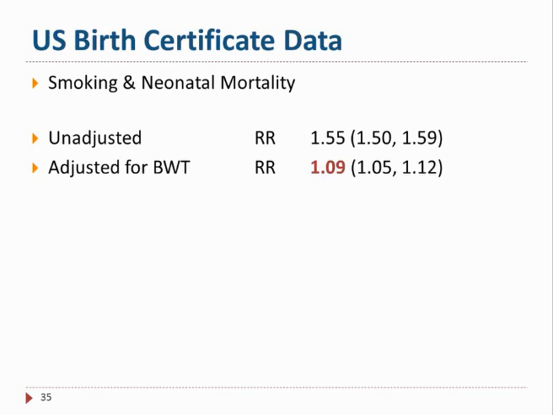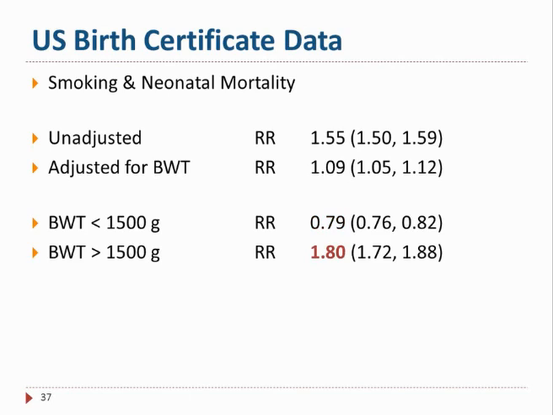When we adjust for birth weight, we see that the effect goes down considerably. So using our change in estimate approach, here we would definitely want to put birth weight in the model. But here's where the paradox comes in. When we're looking at birth weight below 1,500 grams, we see that smoking is actually protective for infant mortality, where it's harmful for the infants that are born at normal birth weights.